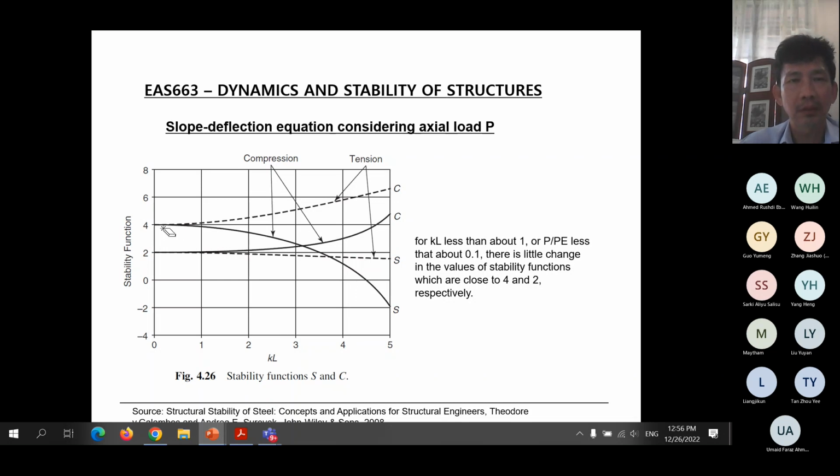Here, we are trying to show that when KL is less than about 1 or P over PE is less than about 0.1, there is little change in the value of the stability functions. So this is alpha n, this is alpha f, which are close to 4 and 2. When they get larger than certain values, they start to have an effect on the bending stiffness.